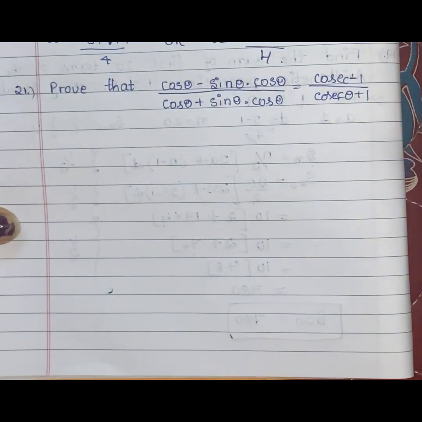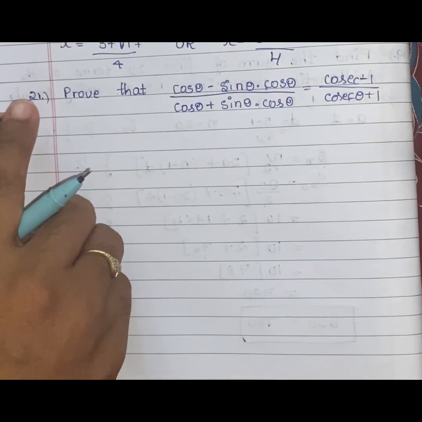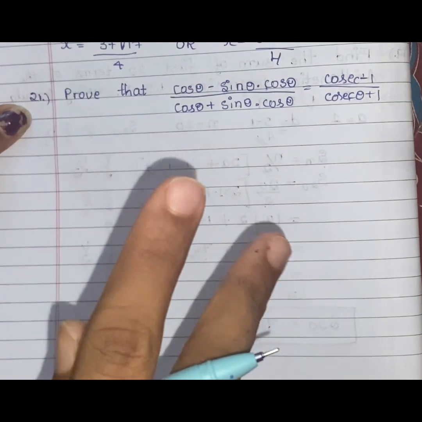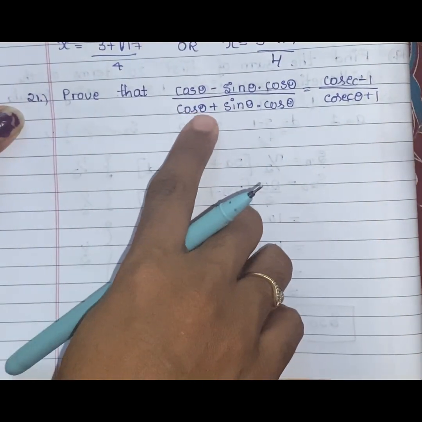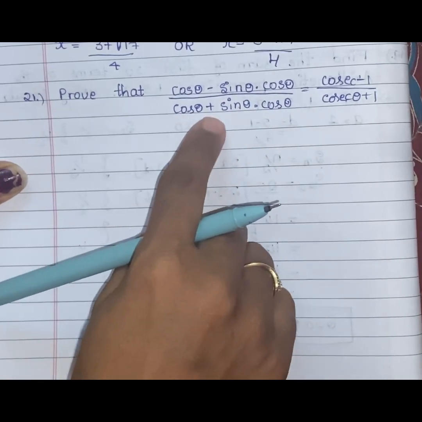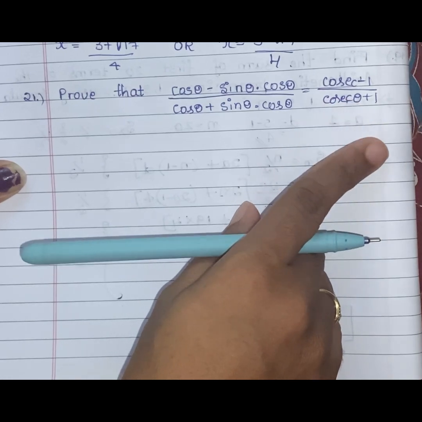Okay, now Roman number 3, the 21st question. In the 21st question we have two questions related to theta, that is prove that (cos theta minus sin theta into cos theta) divided by (cos theta plus sin theta into cos theta) is equal to (cosec theta minus 1) by (cosec theta plus 1).